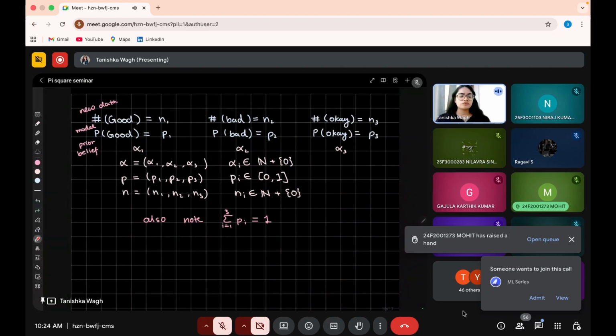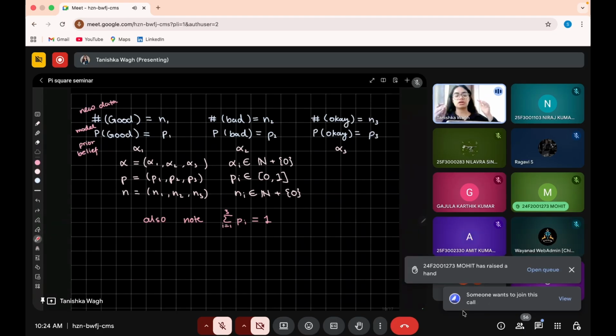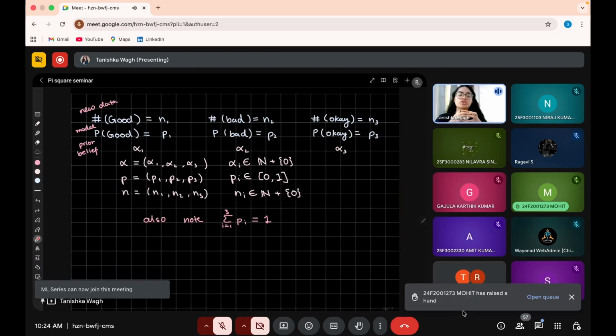So alpha is in the same space as n. Think of it as the new data being taken from the same space as the old data, or rather our prior beliefs, or what we know is true. So alpha is your assumption, your best guess of how you think the distribution is going to be. Let's say half the people are going to leave a good review, 1/4 are going to leave a bad review, and 1/4 are going to leave an okay review, right?